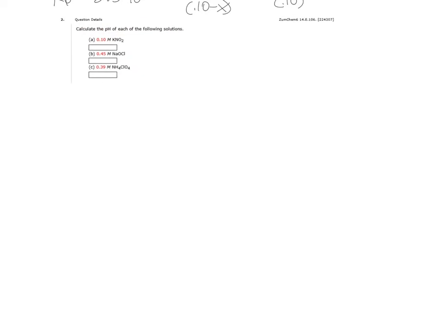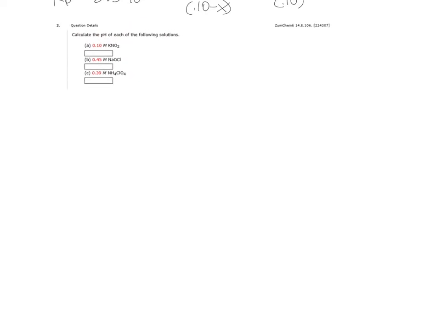B is going to be really similar to part A because once again it's the negative ion that's important. Let's list the ions. Within sodium hypochlorite we've got Na+, and the other ion is hypochlorite, OCl-. Metals are never important unless their charge happens to be 3 or higher, and the reason for that is their conjugate would be something strong.